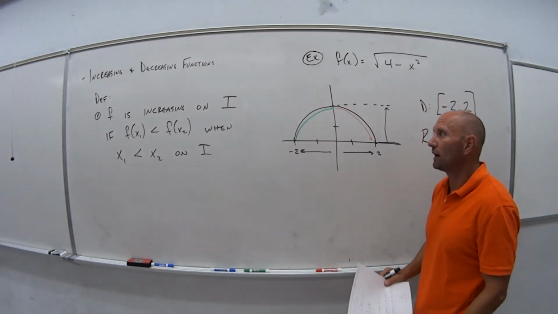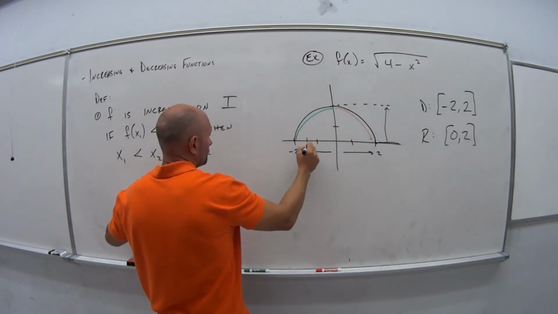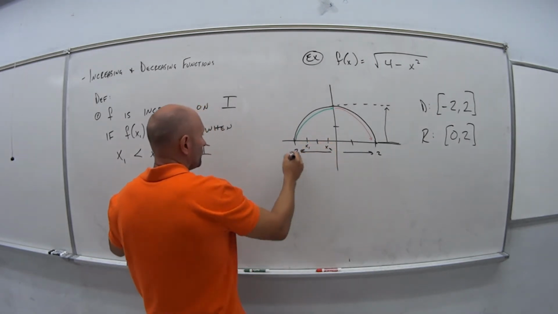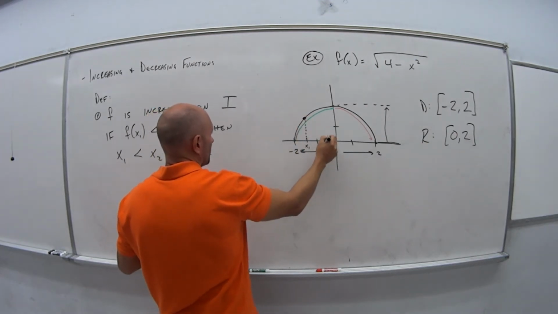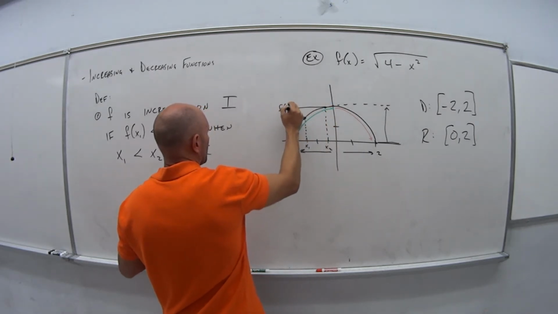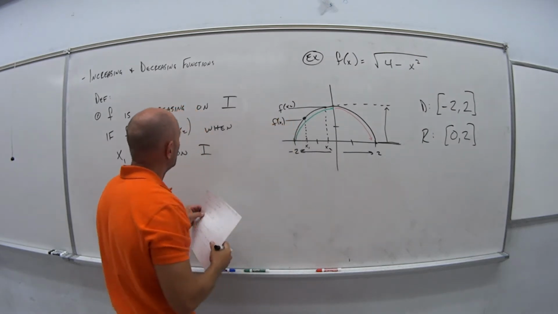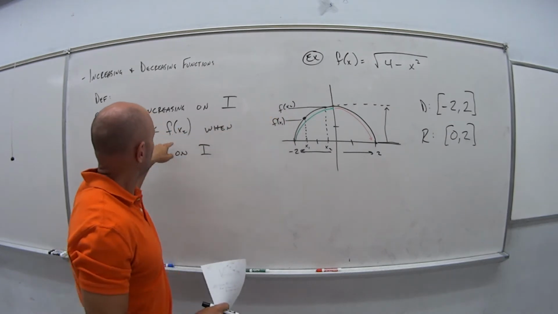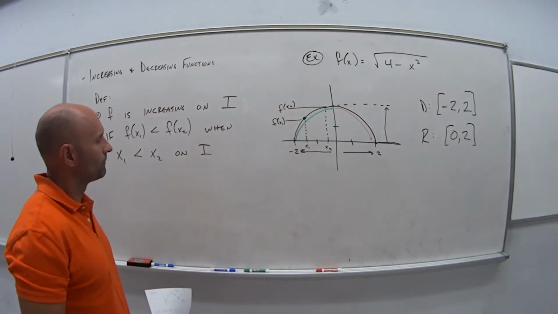I have no idea what's going on here. But it just means: let's say that's x1, let's say that's x2, so f of x1 is this guy, f of x2 is that one. So f of x1 is less than f of x2 if x1 is less than x2.